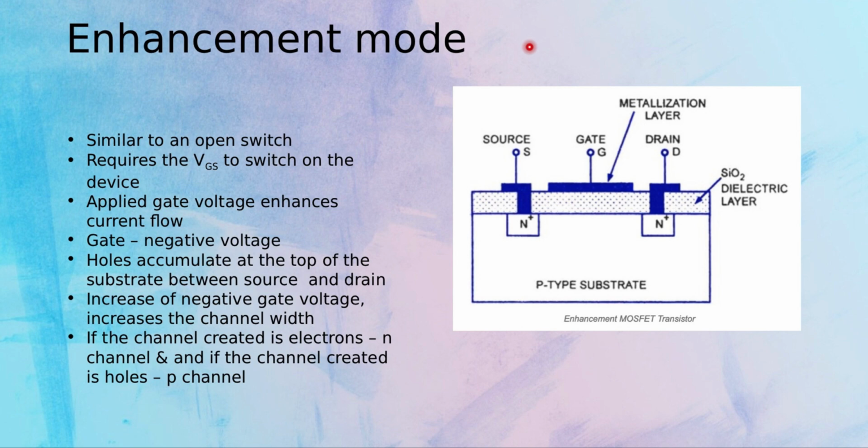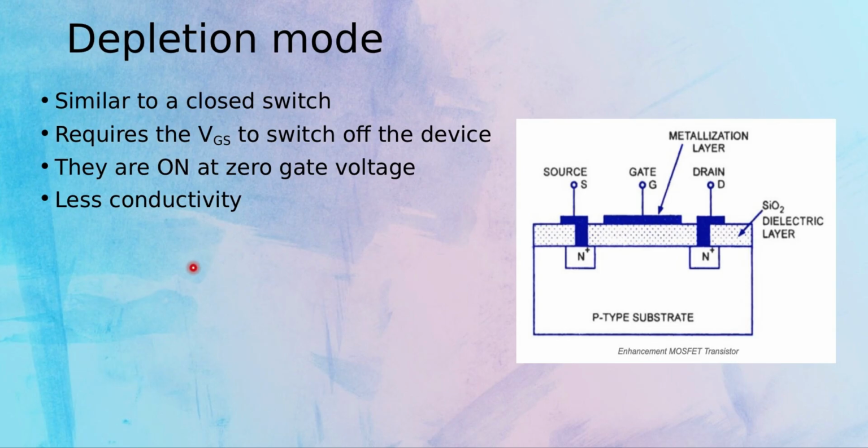Now let's look into a depletion mode MOSFET, which is just the opposite of the enhancement mode MOSFET. Here it is considered a closed switch, and you need a gate source voltage to switch off the device. In enhancement mode, we needed a gate source voltage to switch on the device. Now they are on even at zero gate voltage.